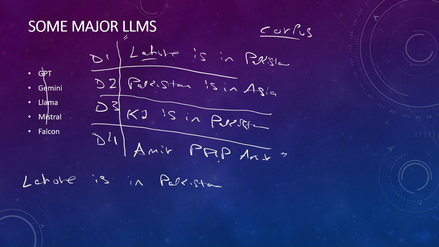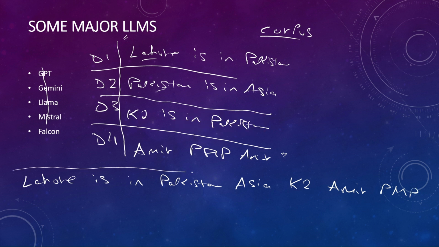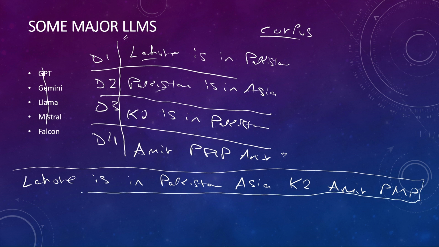"Is" and "in" are already covered, so Asia is the next unique word, then K2, then Amir, and the last one is PMP. This is the list of all the unique words from our corpus.